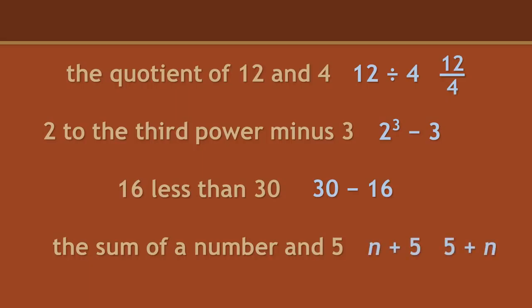The sum of a number and 5. Sum is always going to be addition. So in this case, we would put n plus 5, or, because of our properties, what we call flip-flop math, we can either do n plus 5 or we can do 5 plus n. Either way, we will end up with the same answer.